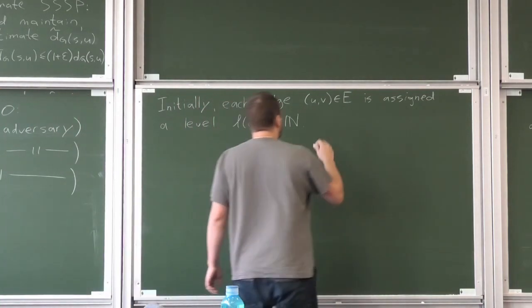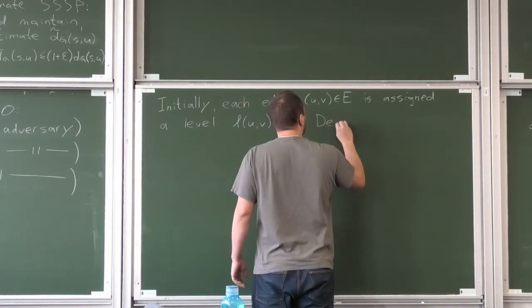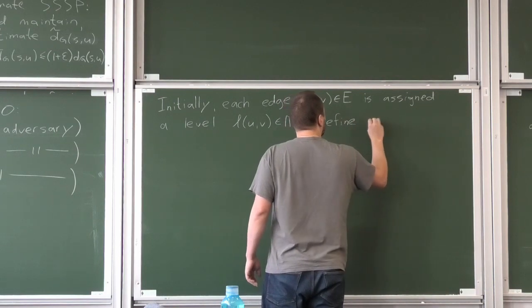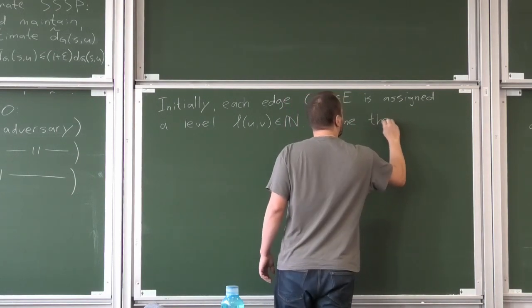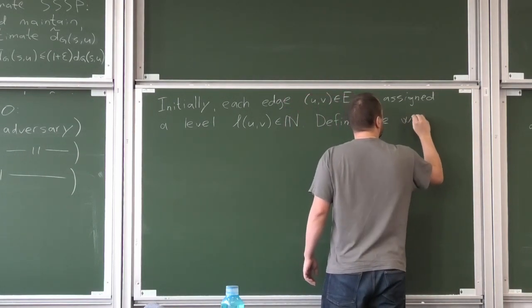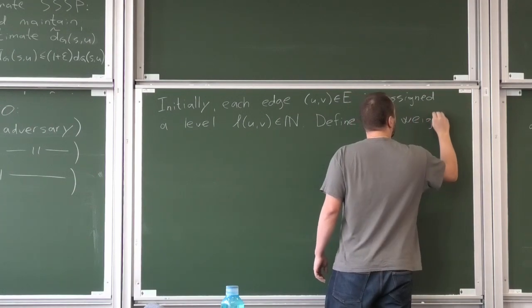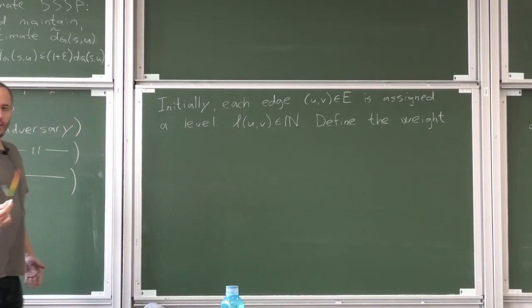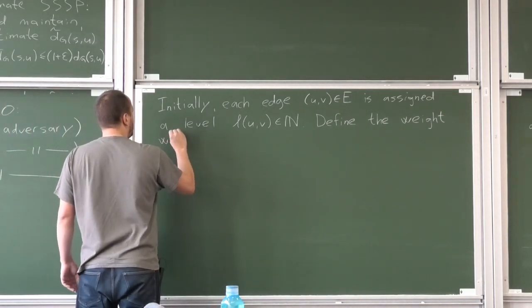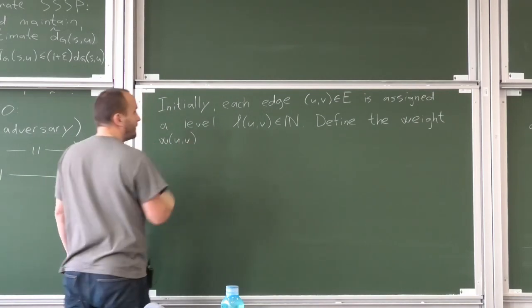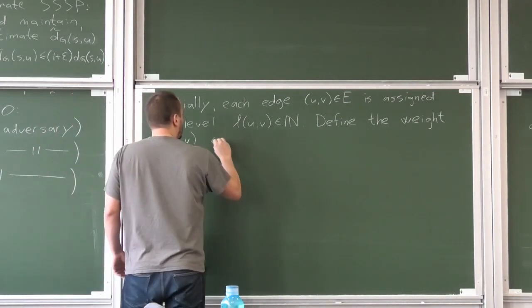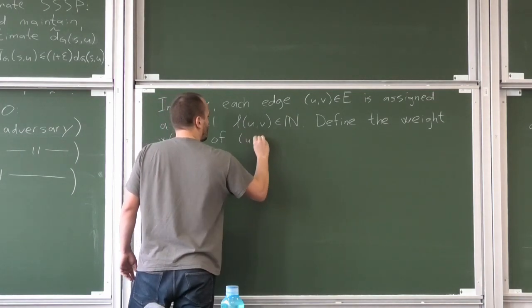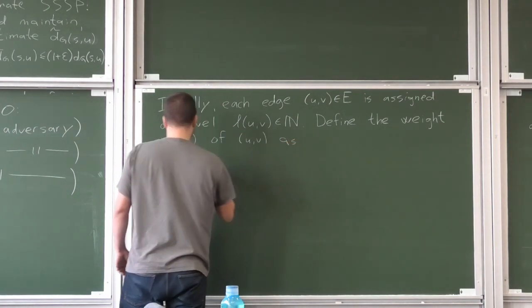Okay. Now we define the weight. I mean, we are looking at an unweighted graph, but we assign these artificial weights. Let's call it W, U, V. So let's define it as follows.